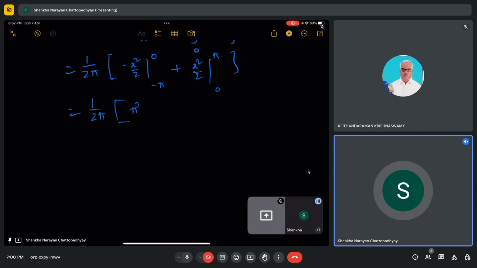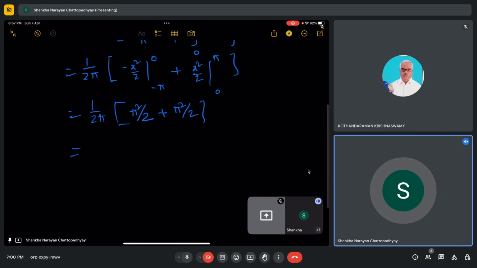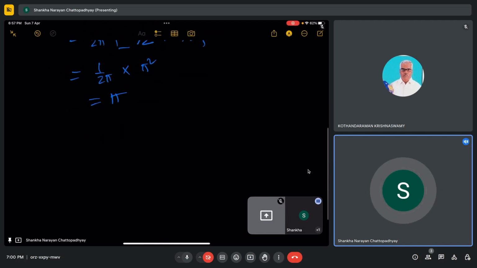So that becomes pi square by 2 plus pi square by 2, so 1 by 2 pi into pi square, so a0 becomes pi by 1 times pi.